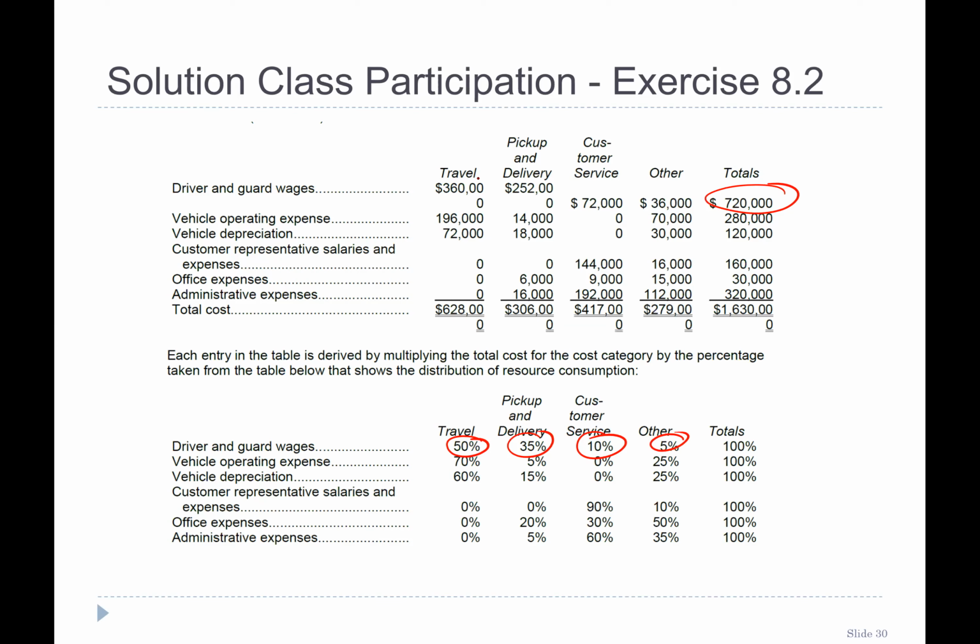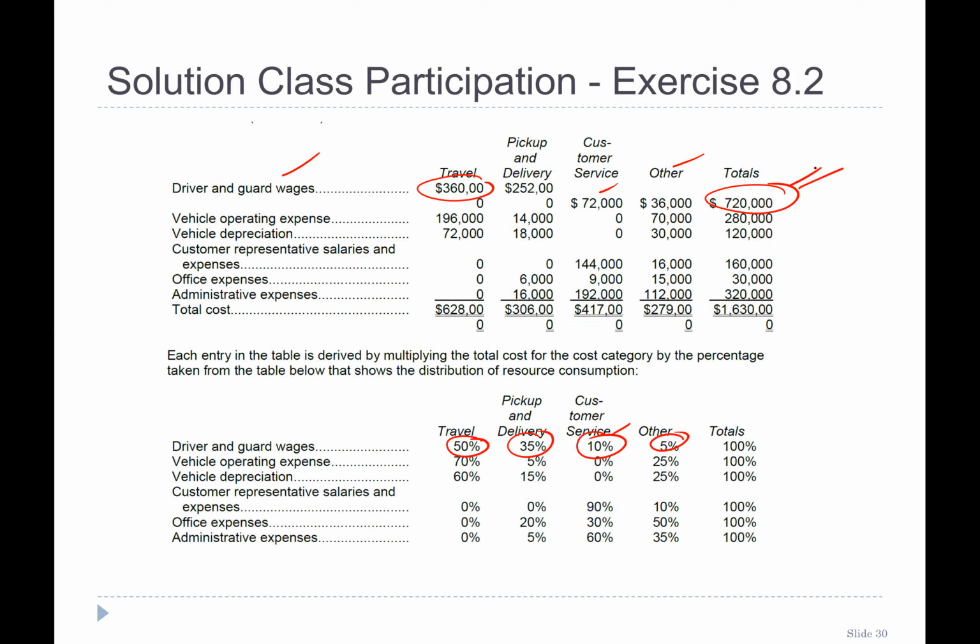So where did this 360,000 come from? It is 50% of 720,000. This 252K is the 35% of 720,000. 72,000 belongs to 10% of the driver and guard wages, and 5% others.